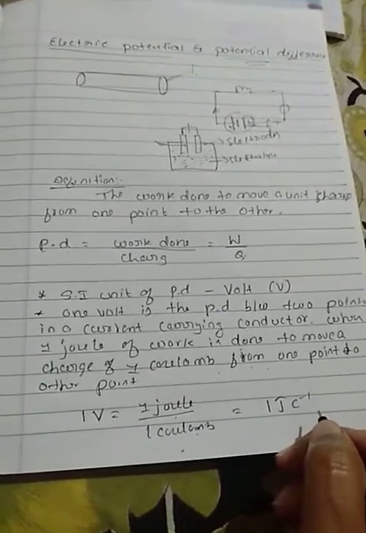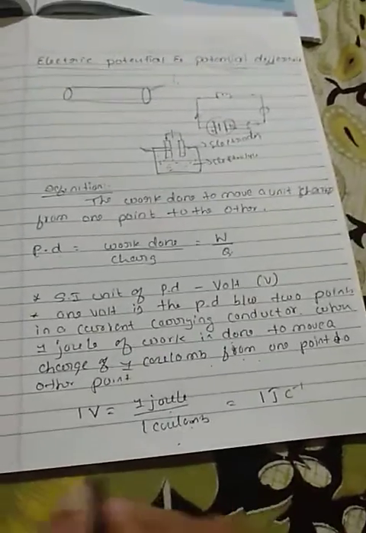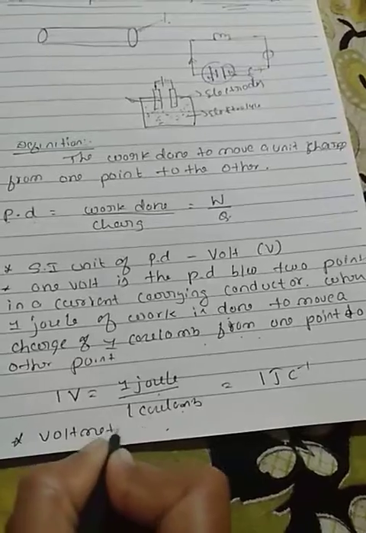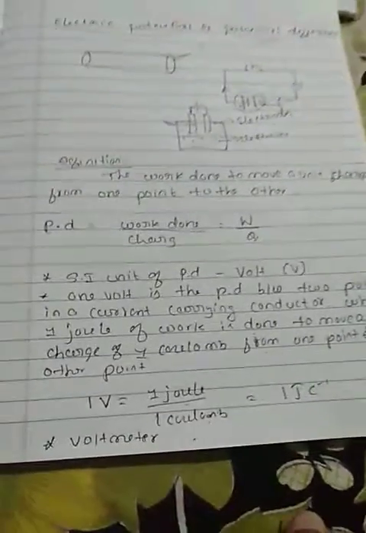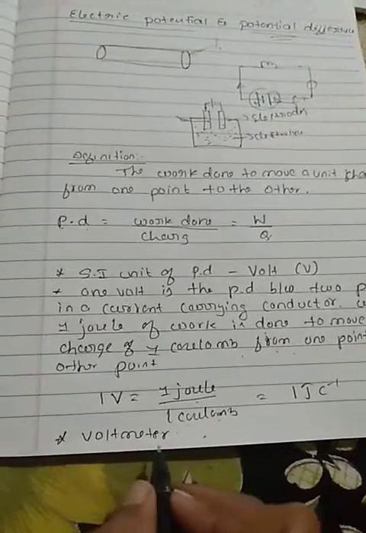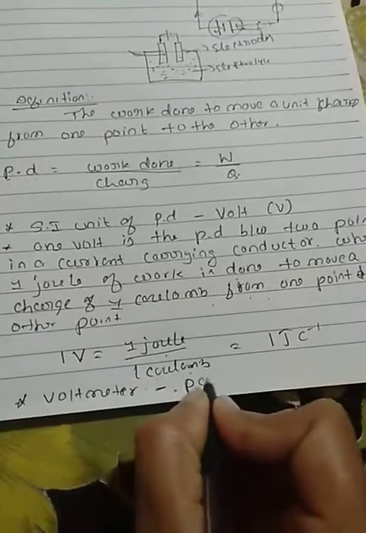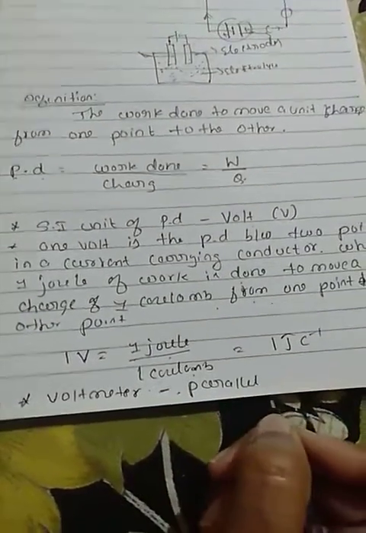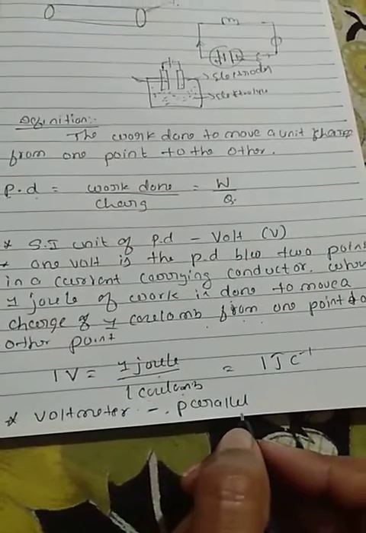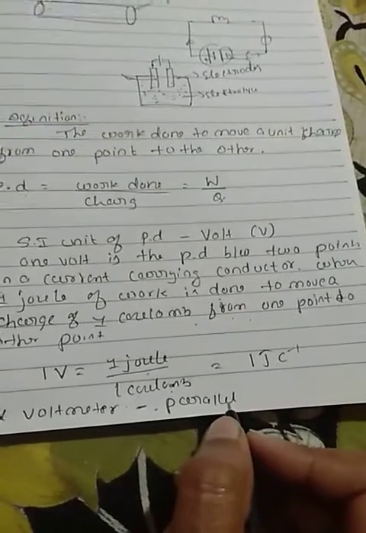One more thing here: the potential difference is measured by an instrument. The instrument is the voltmeter. Remember that the voltmeter is always connected in parallel across the points between which the potential difference is to be measured.